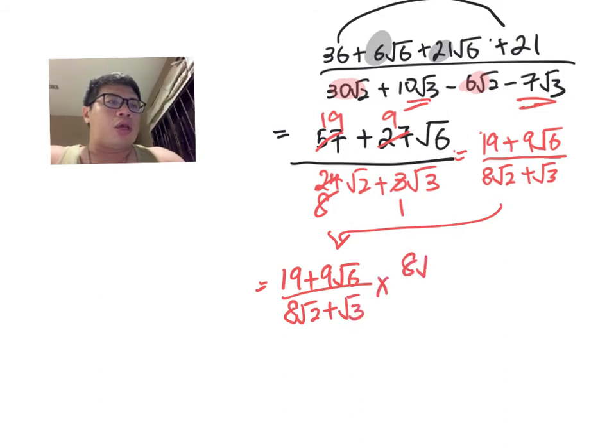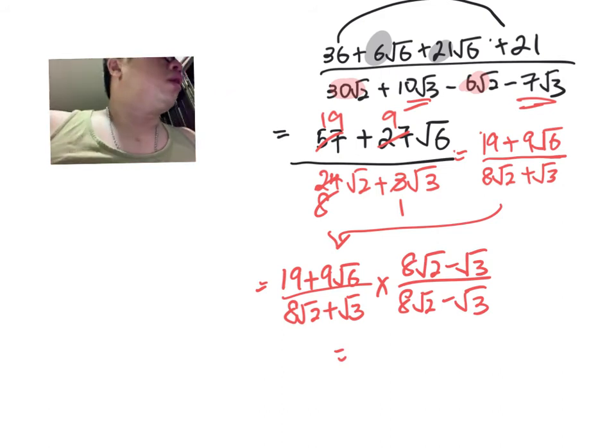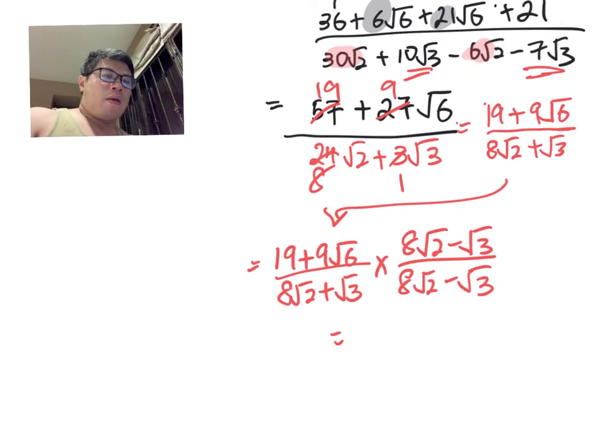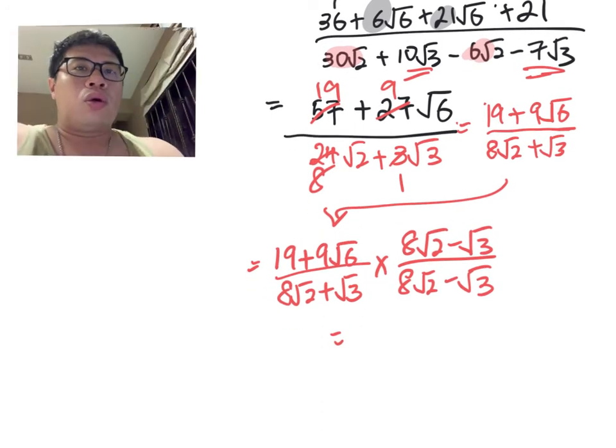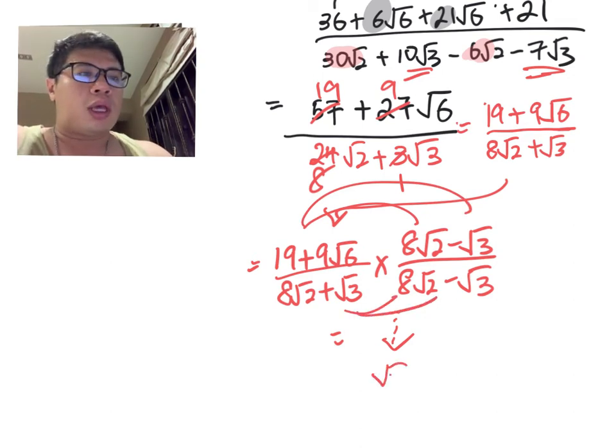So I bring in my conjugate, the conjugate of my denominator, 8 square root 2 minus square root 3. 19 times 8, let me see. Just go down these steps and go about doing the working, and you should be able to get your answer as square root 3 minus square root 2.